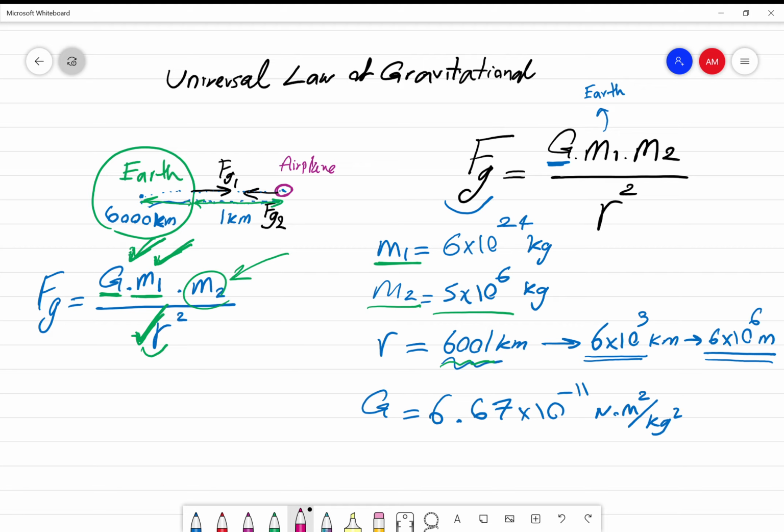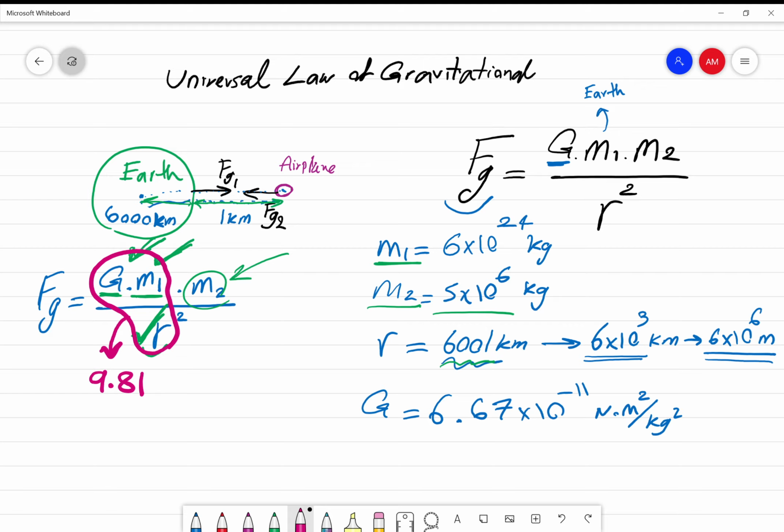Now someone said, if these three components of the equation are always the same for problems that involve Earth, then let's calculate these numbers separately. And they calculated it, and it was equal to 9.81, our famous 9.81 that we use. So suddenly, the force of gravity only involving Earth.